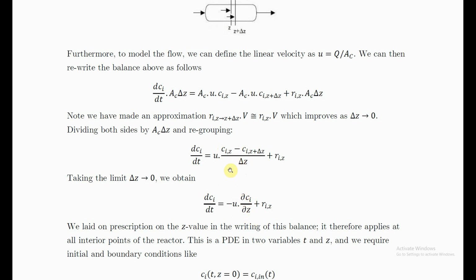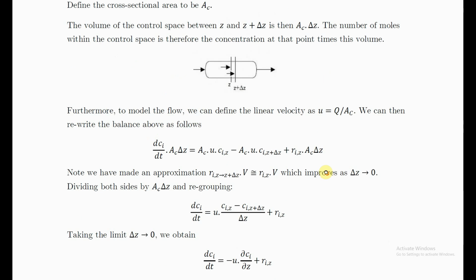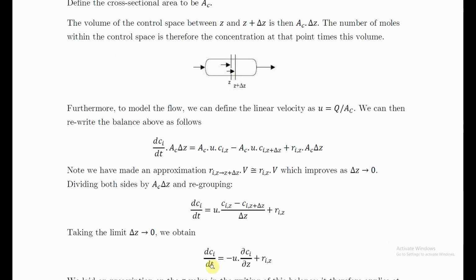Note here that it's Z plus delta Z in the second position. The standard position, of course, is Ci at Z plus delta Z minus Ci at Z. So we need to take a minus sign out here to get it in the standard form. So that's where that minus sign comes from. Okay, so it turns out for our plug flow reactor, it's actually a partial differential equation this time.